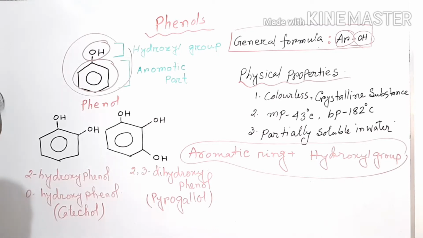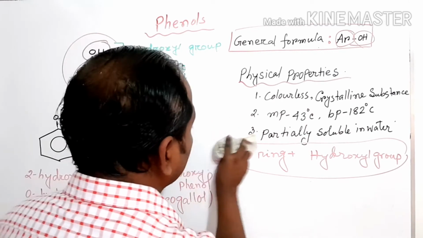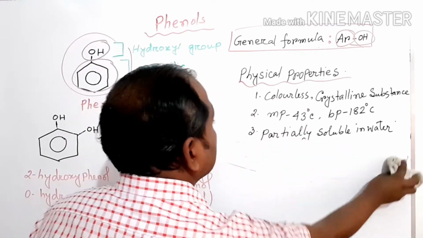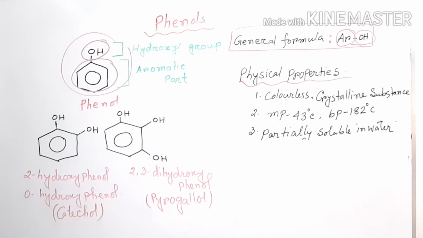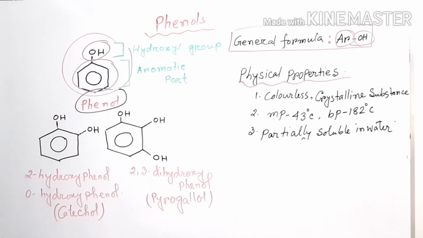Okay, now another name of phenol is carbolic acid. So why do we use carbolic acid? Carbolic acid is 5% water containing phenol.